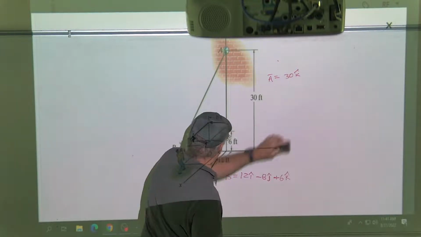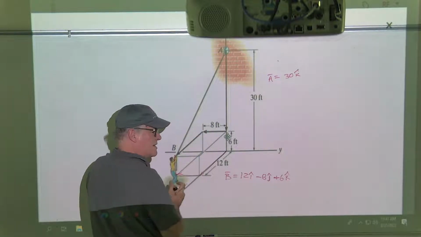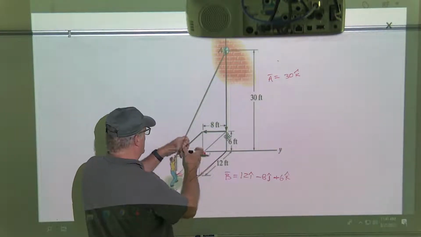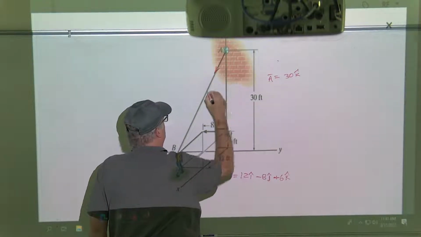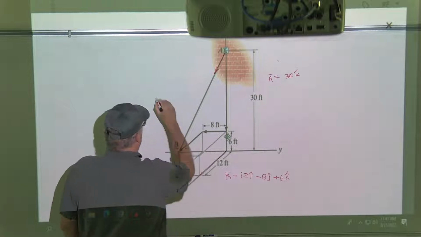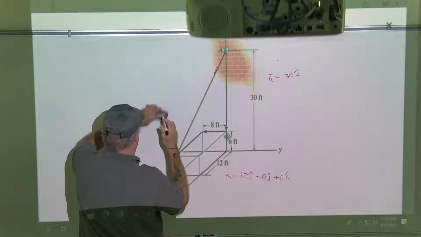Now, probably what's going to be asked is the guy's pulling the rope, so I'm going to find the vector this way. I say RB, I meant to say RA, sorry.